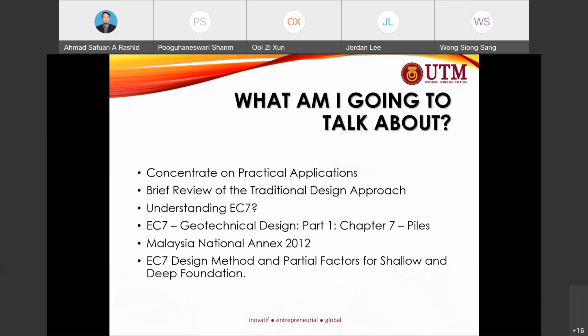What I'm going to talk about concentrates on practical applications: a brief review of the traditional design approach, understanding EC7, EC7 Geotechnical Design Part 1, Chapter 7 Pile, the Malaysian National Annex 2012, and EC7 design method and partial factors for shallow and deep foundations.